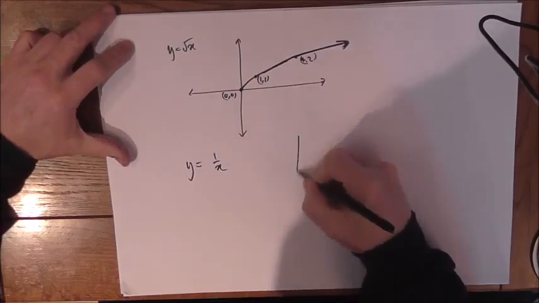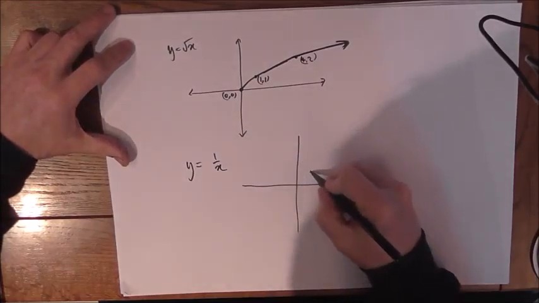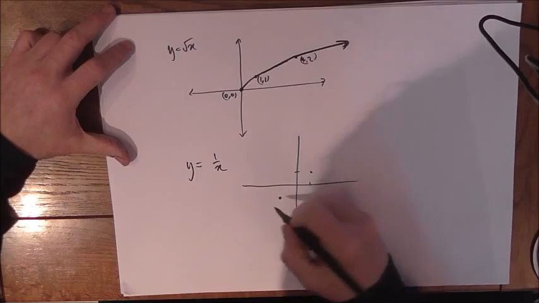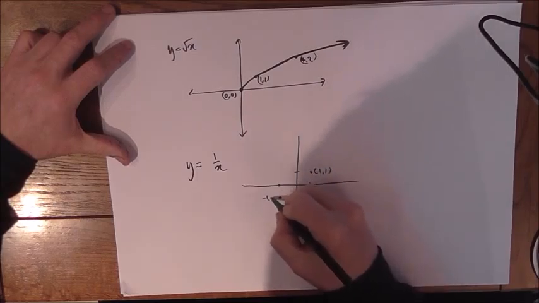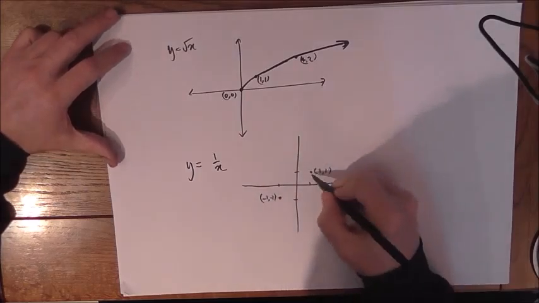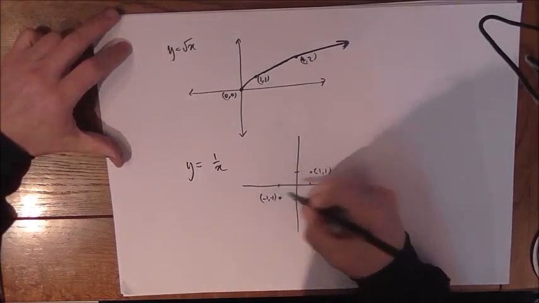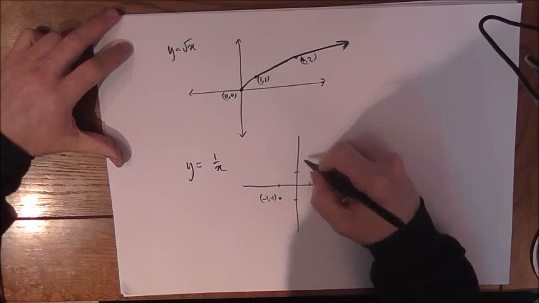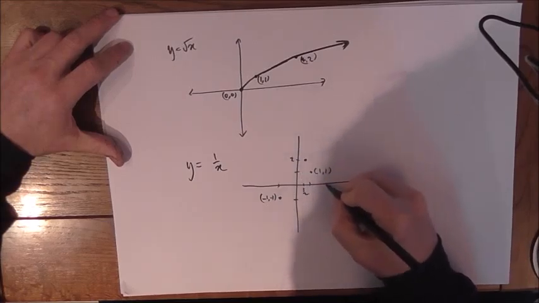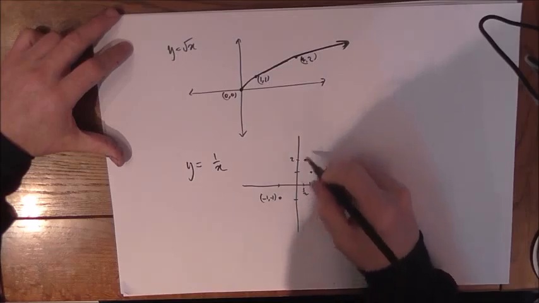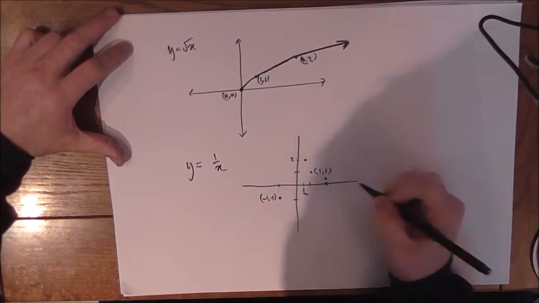Y equals 1 over x has 6 key points. 1, 1 and -1, -1. For the sake of neatness, note you don't always have to draw on these coordinates. It also goes through 2, half. So half, 2 and 2, half.